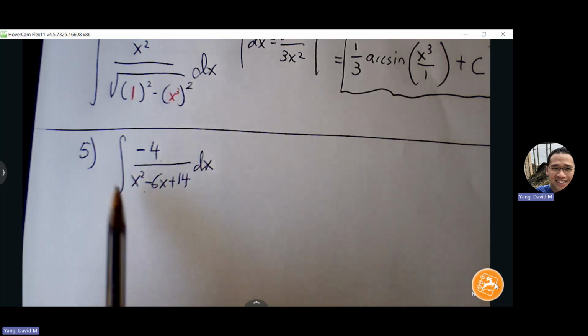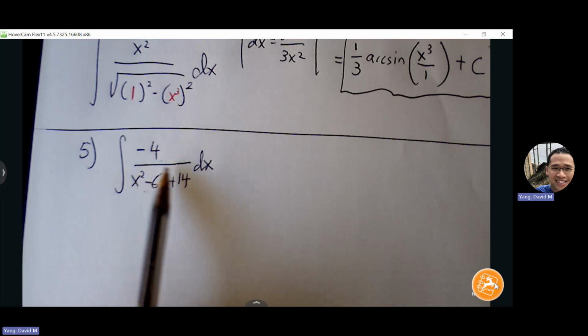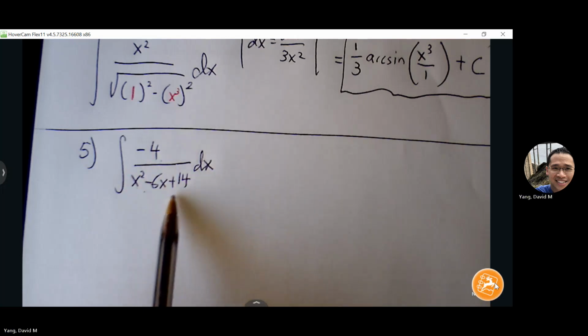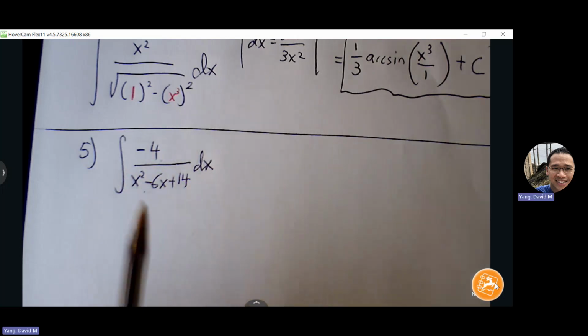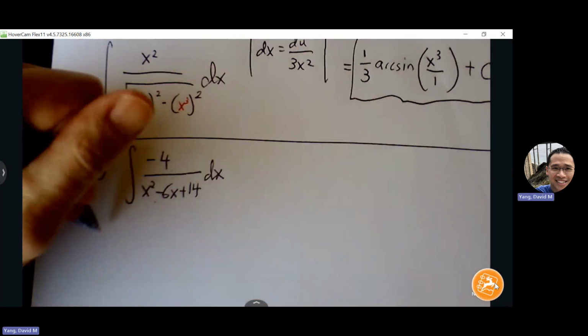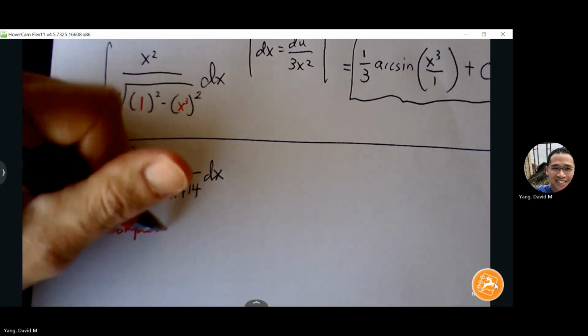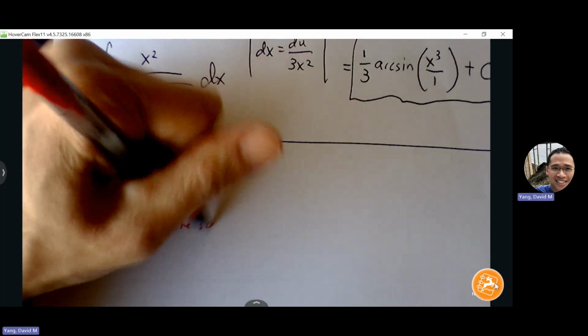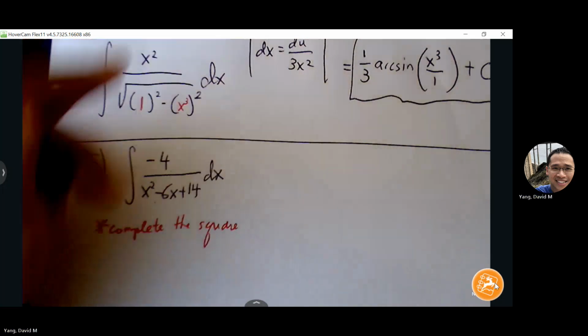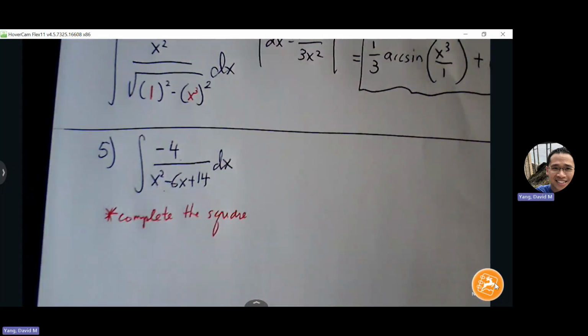But there's something else going on before we get to our trig. We need to do it with the denominator. The square, right? We got to get the parentheses to show up in a certain way. So square. And can we predict what type of arc trig we're going to be using?